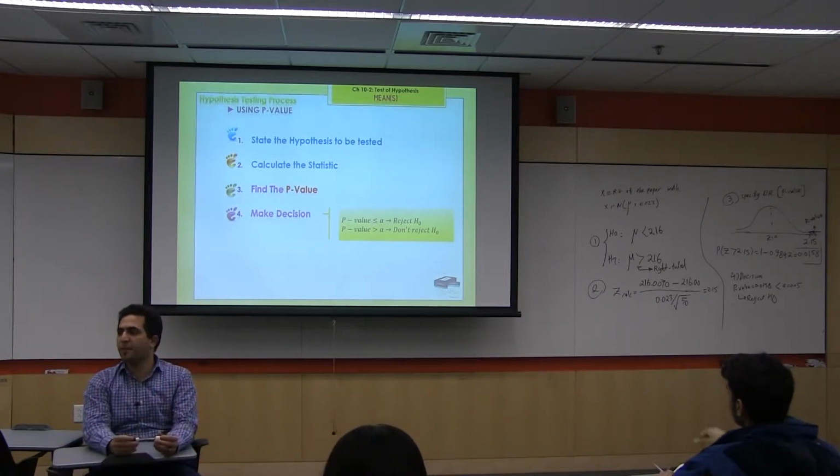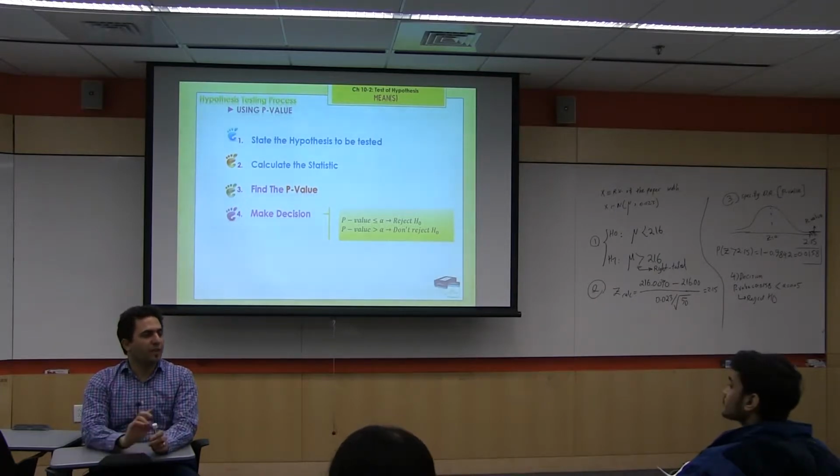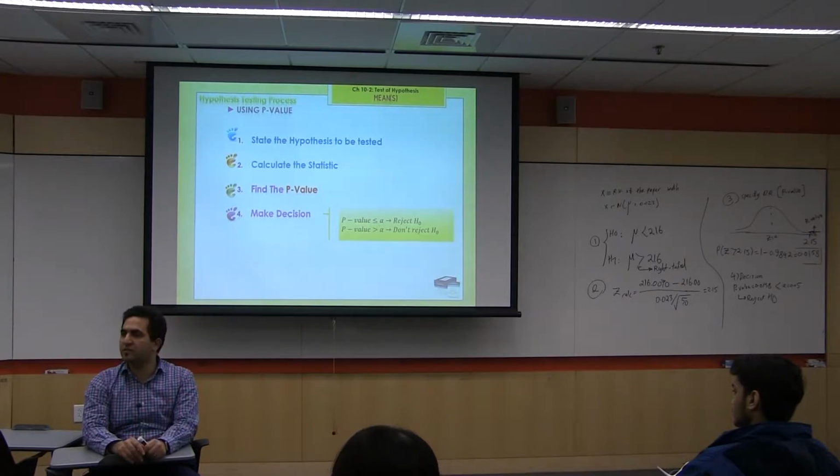Anybody else? So let me change my question. If I give you the same problem with another alpha, like saying alpha of 0.1, in which one can you give me the results pretty quick and fast? Second. Why the second one?